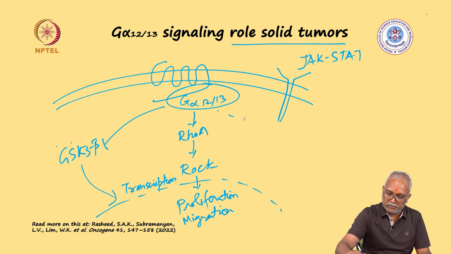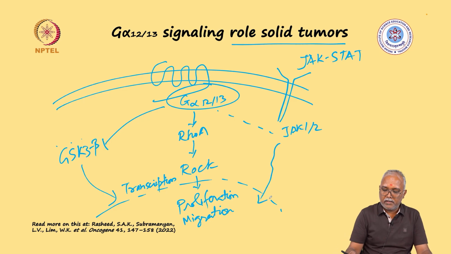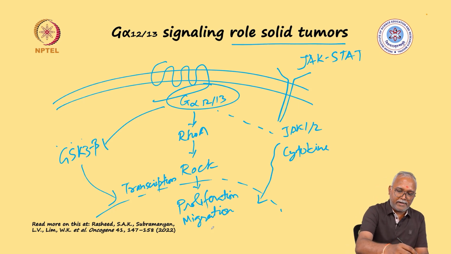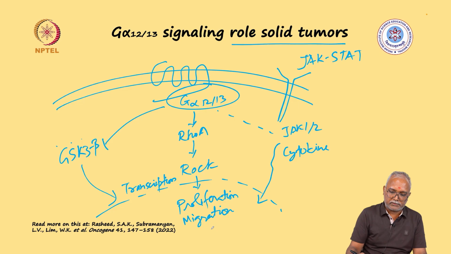Somewhere it merges on the JAK activation, and thus again it generates the response to the cytokines and so on, which will ensure more migration, more proliferation and so on. Basically the tumor will grow more in size and more solid tumor will be generated. So combining multiple of these responses, solid tumor formation is promoted.